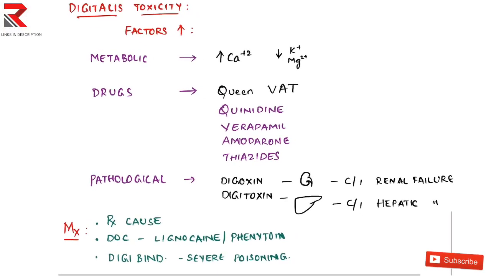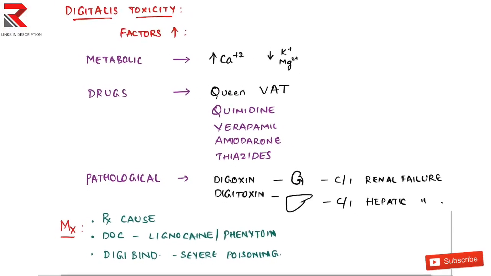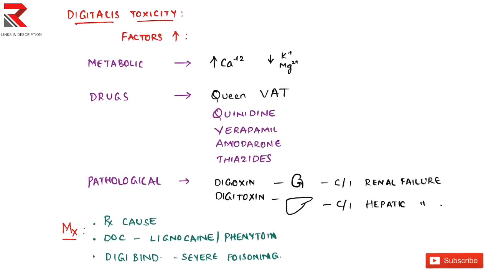And the last but not the least topic is digitalis toxicity. Because most of the people don't know how to manage the dosage of digoxin. So if more digoxin is given, then it may lead to digitalis toxicity. And the factors which increase the toxicity of digitalis are mainly divided into three types: the metabolic, drugs, and the pathological.